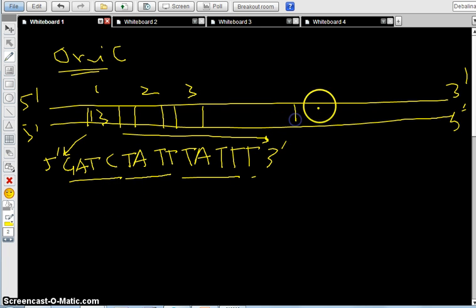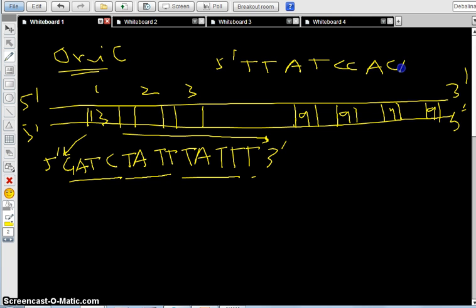Another one is a 9 base pair long sequence, and 4 sequences are like that, and the sequence is T T A T C C A C A.